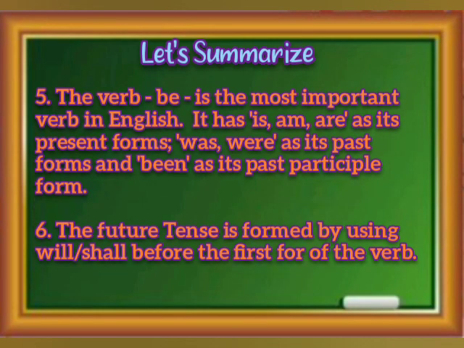And we also learned about the verb be, which is the most important verb in English. It has is, am, are as its present forms, was, were as its past forms, and been as its past participle form. And the future tense is formed by using will or shall before the first form of the verb.